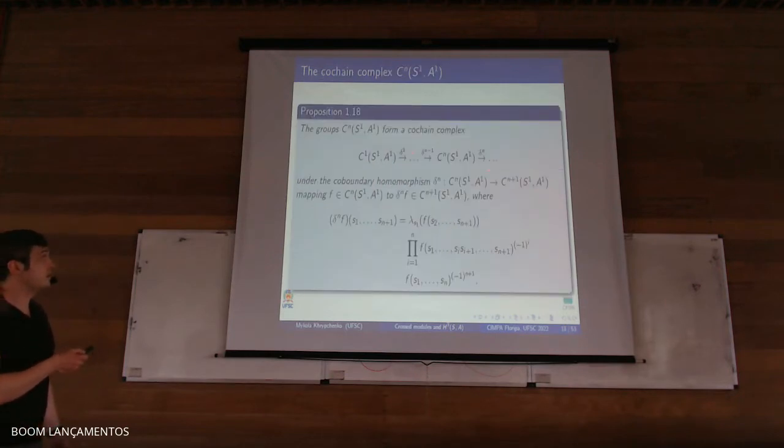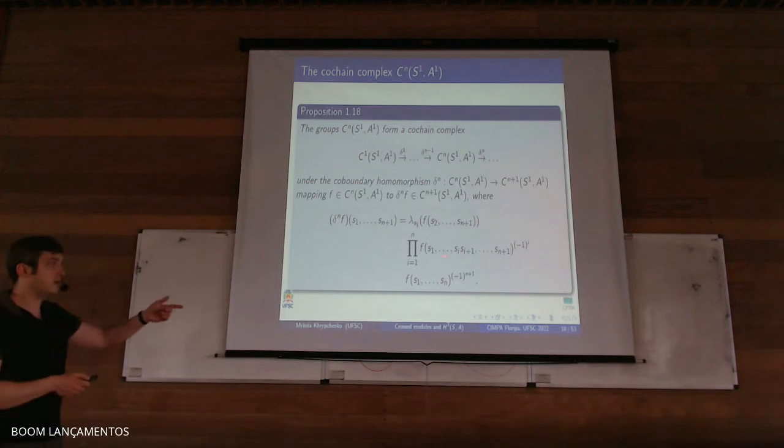Now when you define the boundary operator, it has exactly the same form as you may have seen in the group case. The difference is that I use here the multiplicative notation. So instead of sum, I write product, and instead of the coefficient minus 1 to the i, I use this exponent.